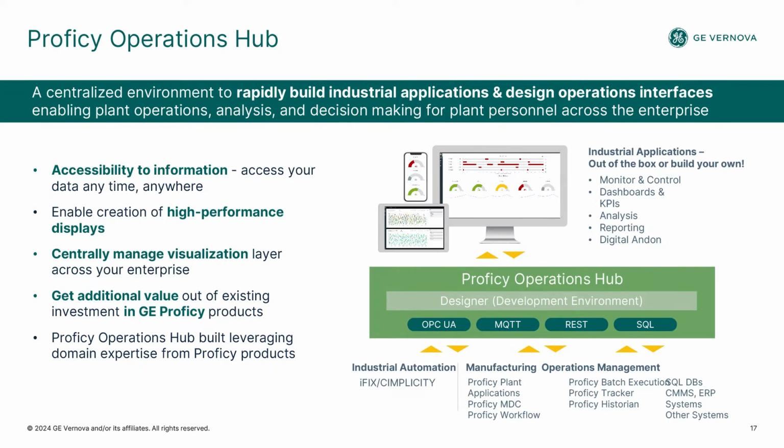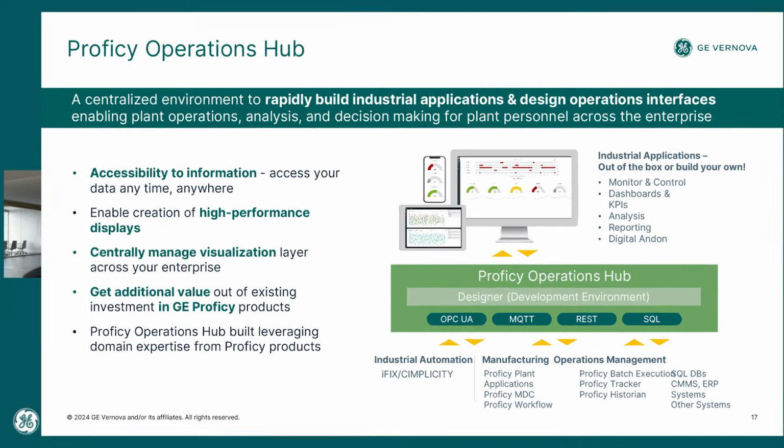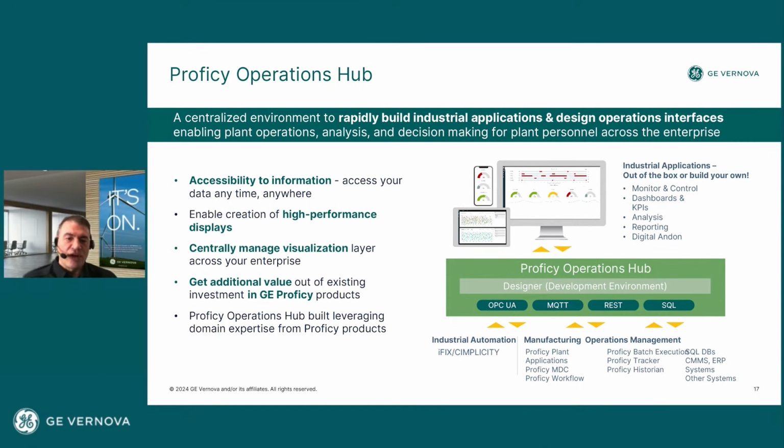It allows you to take many sources of data, including our Simplicity product, Historian, our MES solutions, as well as other standardized interfaces like OPC UA, MQTT, REST calls, and SQL database connectivity. The idea is that we can take all these different data sources and give you rapid development tools to build out HTML5 based applications quickly and easily.